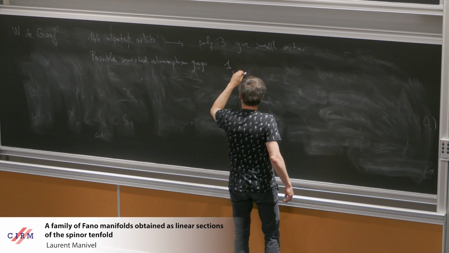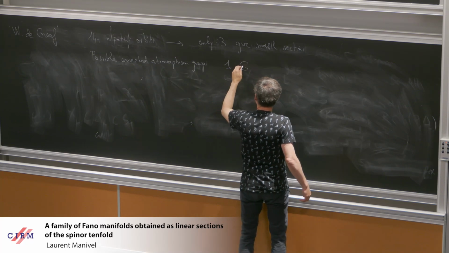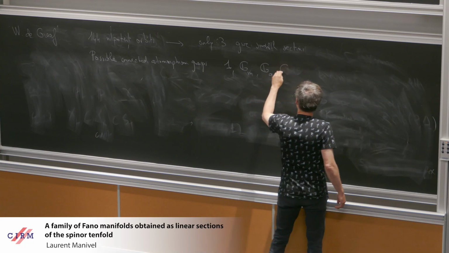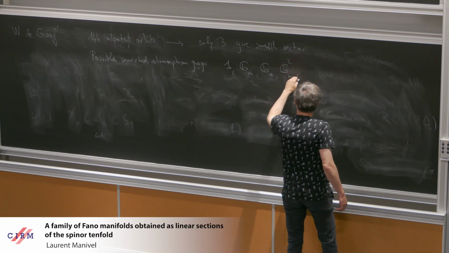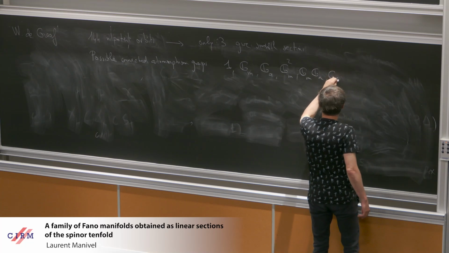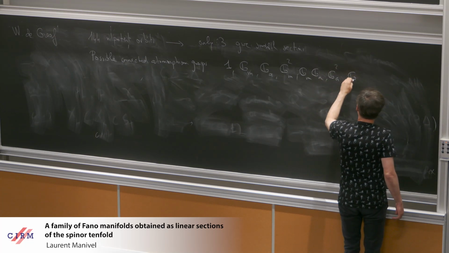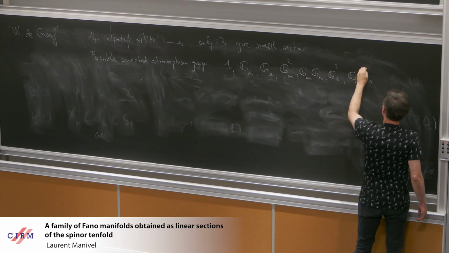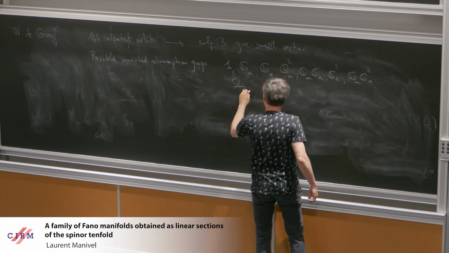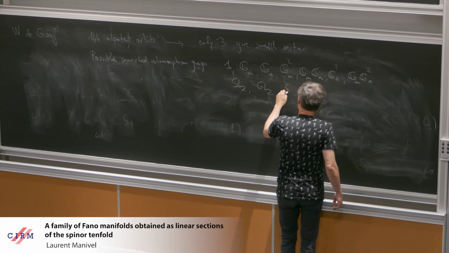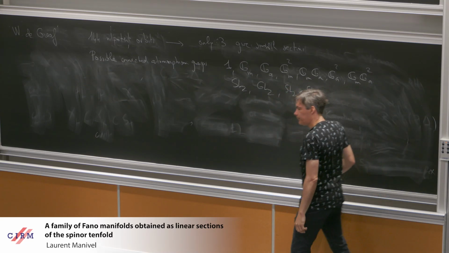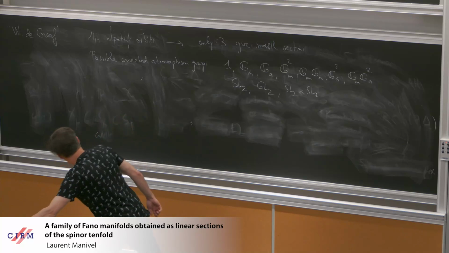The list is like this, so you have, of course, the trivial one, the multiplicative group, the additive group, 2 copies, then you can have 1 copy of G_m and 2 copies of the additive group, and then you can have SL2, GL2, SL2 times SL2. So this is the complete list.